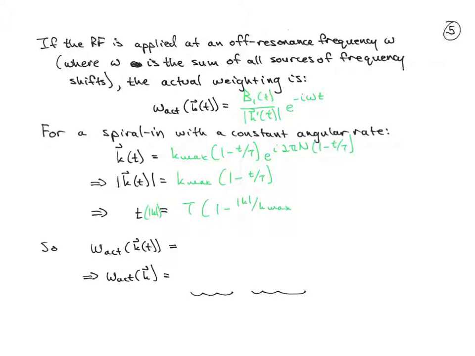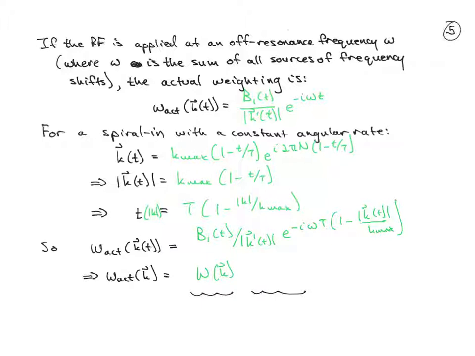So you can guess what's going to happen next. We're going to make this substitution for t up in this expression for the off-resonance modulated RF pulse, and that'll give us B1 of t divided by magnitude k prime of t times e to the minus i omega times capital T times 1 minus magnitude k of t divided by k max. And then this gives us the desired weighting, of course.